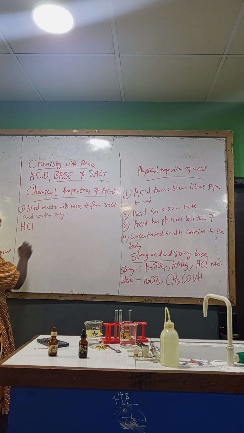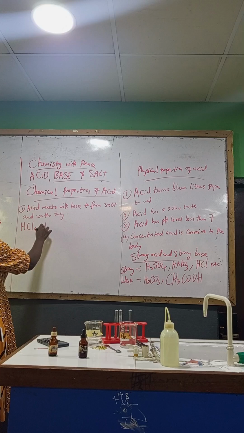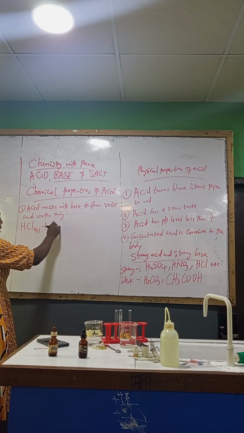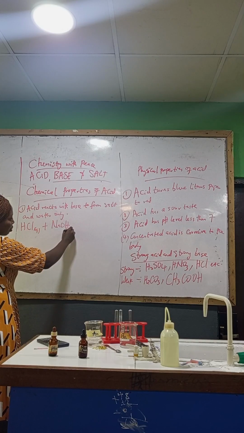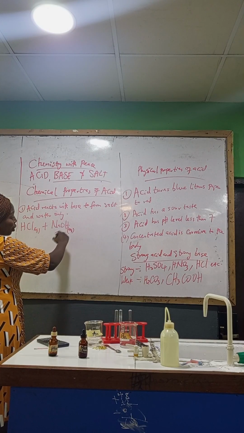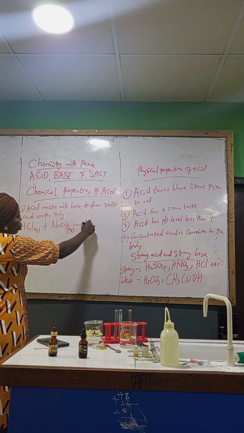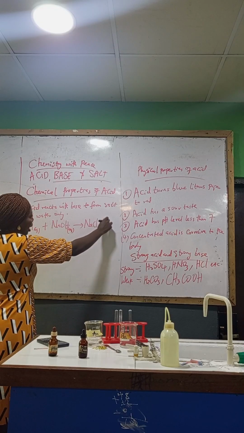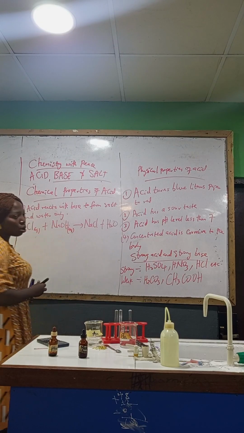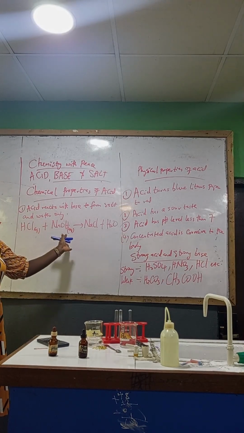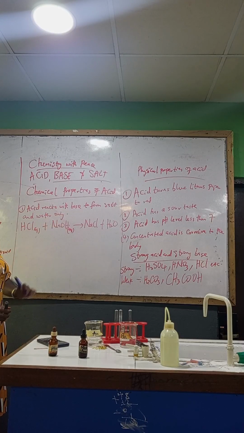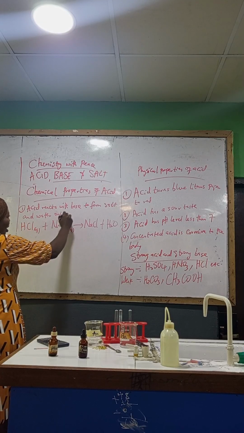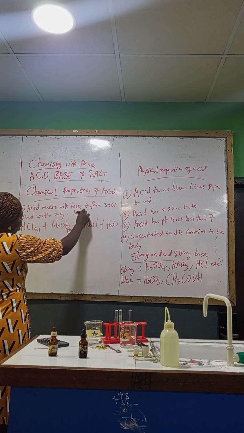This is hydrochloric acid, reacting with base. This is sodium hydroxide, which is a base. This is aqueous sodium hydroxide, to form sodium chloride and then H2O. It's a neutralization reaction. The reaction whereby acid reacts with base to form salt and water is known as neutralization reaction. I say what? Neutralization.